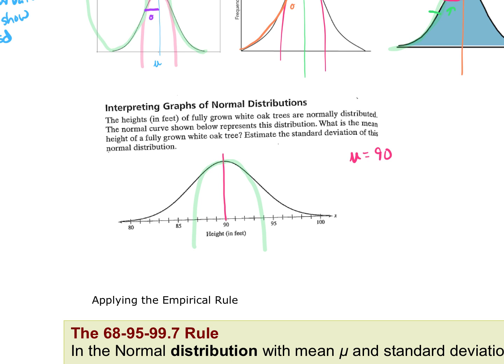Let me change colors. Draw our parabola pointing up. And I'm not quite intersecting, but I would say approximately right here for my standard deviation. And we need to look at what this distance is. If we're at 90 and this is at 87, our standard deviation is approximately 3.